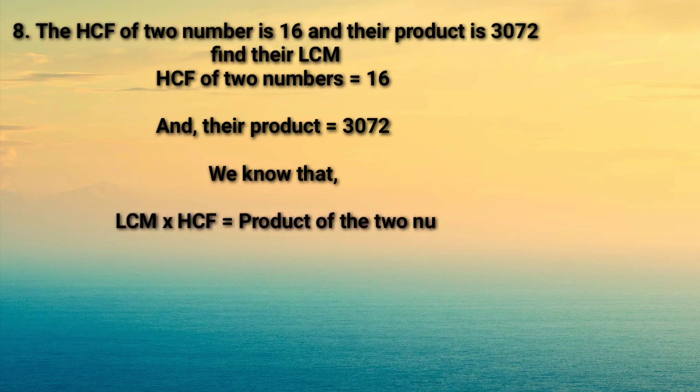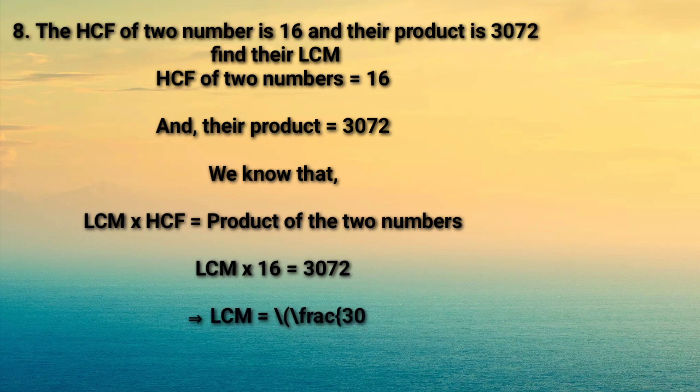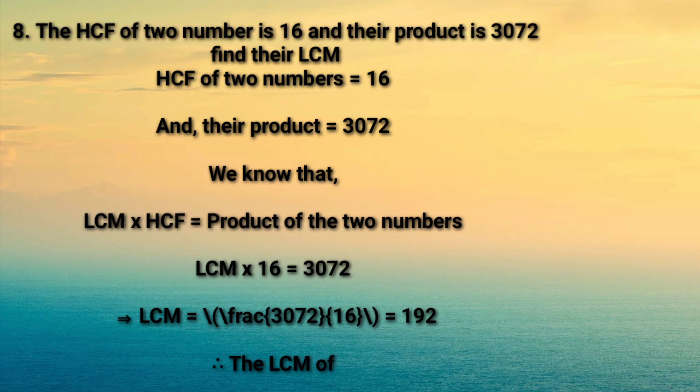So from the given data, HCF is 16 and the product of the numbers is 3072. The unknown value is the LCM, which you will have to find out. So what will be the LCM? 3072 divided by 16. If you divide 3072 by 16, you will get what? 192. It means the LCM of the two numbers will be 192.